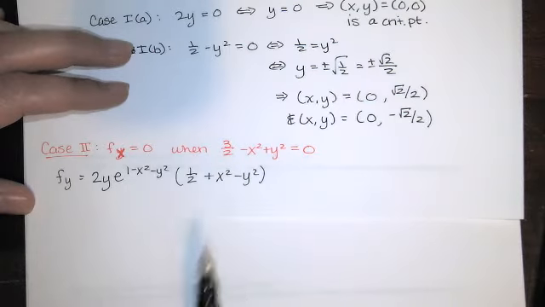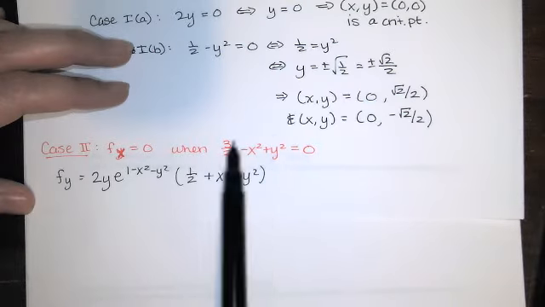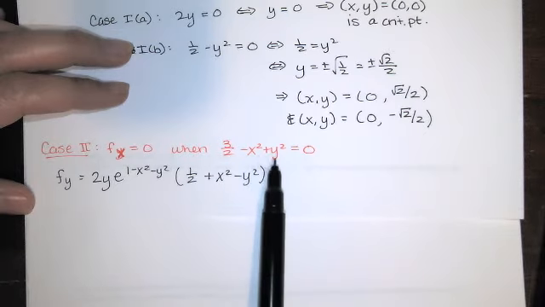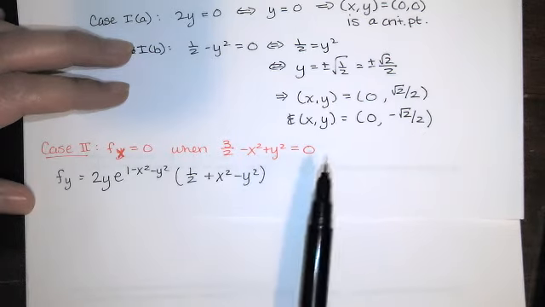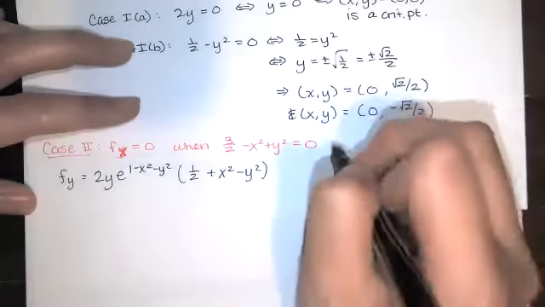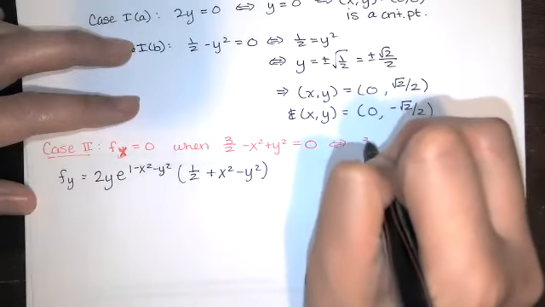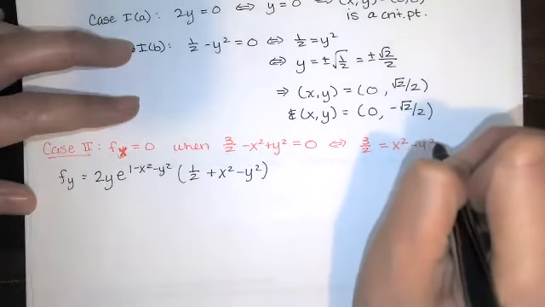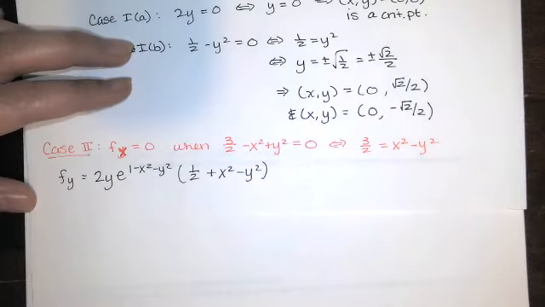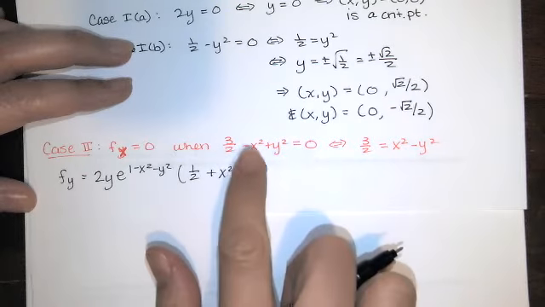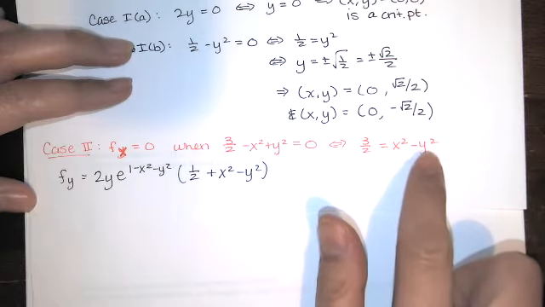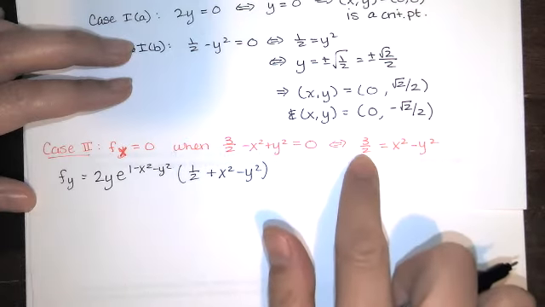Or alternatively, you can think of it this way. You can take this equation and solve for x squared minus y squared. If we add x squared to both sides and subtract y squared from both sides, we get that. Adding x squared over there and subtracting y squared over there. So x squared minus y squared must be 3/2.